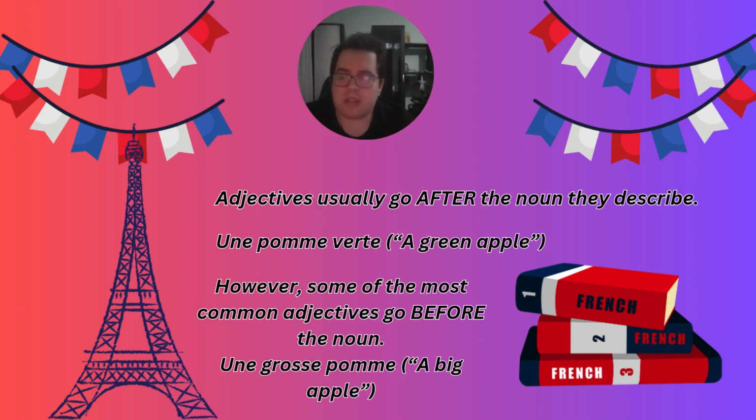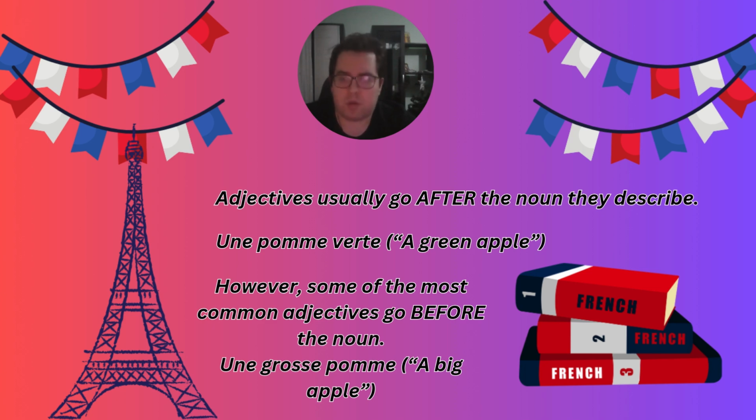Now, I'm going to touch a little bit on the adjectives and how they change up, let's say, the word order. All right. Now, adjectives usually go after the noun they describe. Une pomme verte, a green apple. However, some of the most common adjectives can also go before the noun.